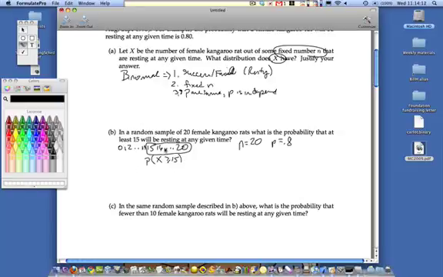Okay, we can't do a CDF function with that, but we can with what's left over. So we're going to go ahead and make that 1 minus the probability that x is less than or equal to 14. Guys, this is the work. The calculator speak is not, and the only reason I'm going to write it here is so you know what I'm doing on the calculator.